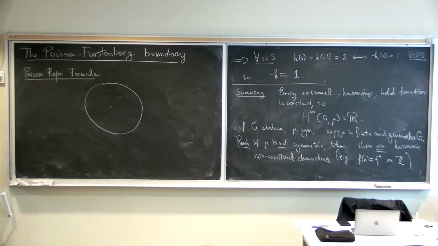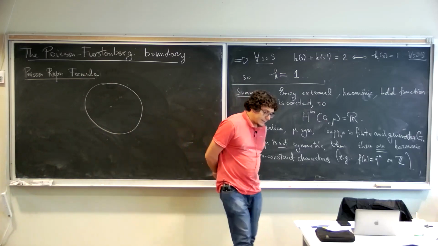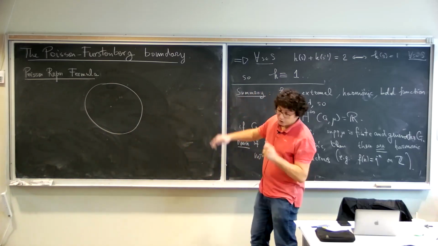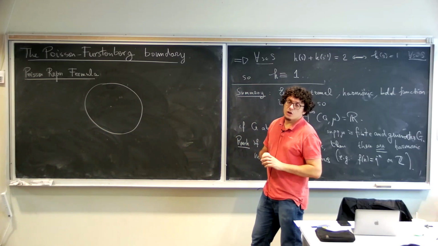Well, I think the issue is that in the general theory you can only hope to have almost sure convergence of the walk to the boundary.